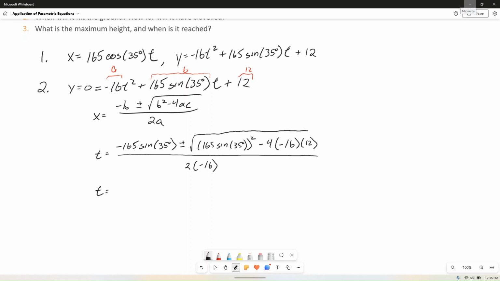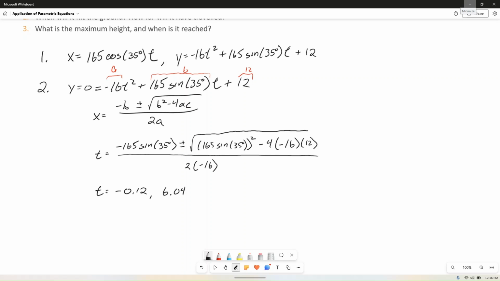Okay, and so if we do that, we're going to get the two answers. One value that we get for t is that t could be a negative 0.12. And again, it's a longer decimal. I just rounded it to 2 digits. So we get a negative 0.12, or we could get a positive 6.04. Okay, so we're assuming in this problem that the whole problem starts at t equals 0 and goes forwards in time.